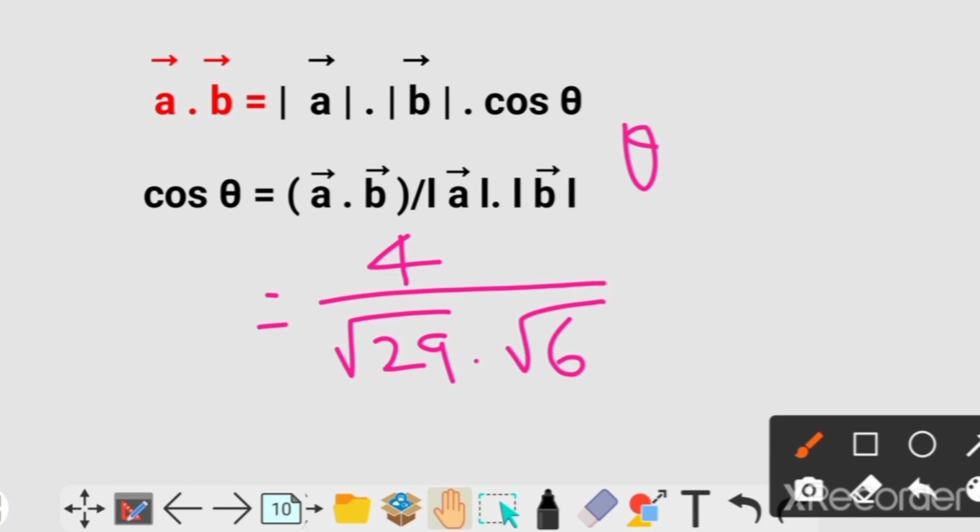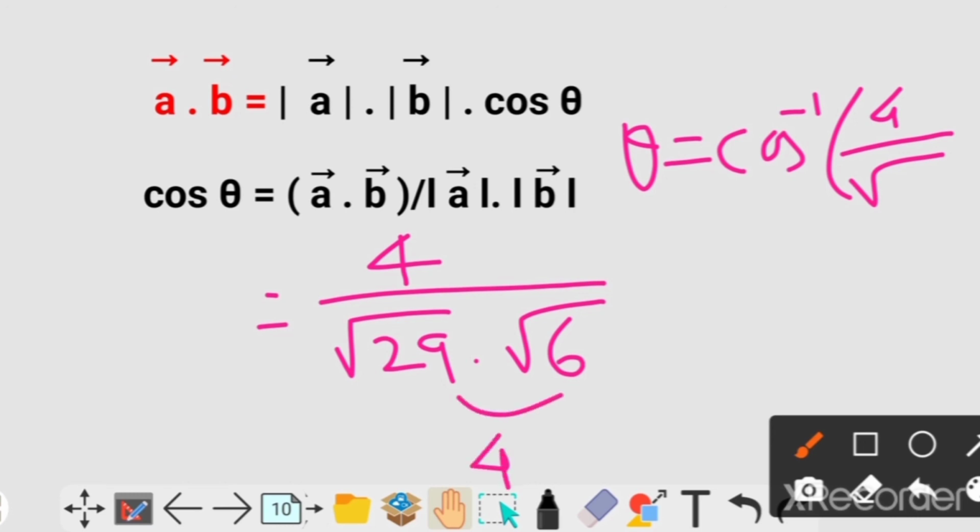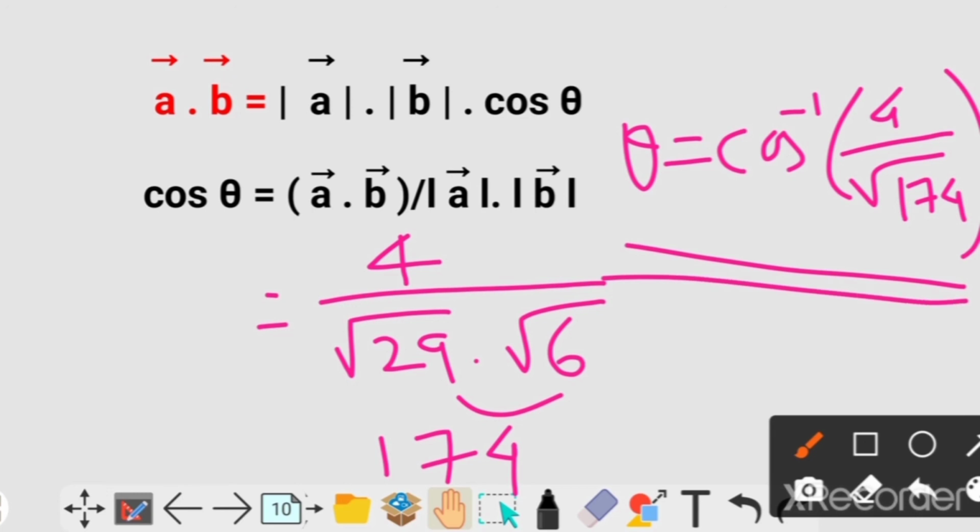So here theta, as the value we have got is not some value that we know, in this case we'll write cos inverse of 4 upon root 29 into root 6. If you do the multiplication it will be root 174. So that is the answer for the angle between these two vectors.